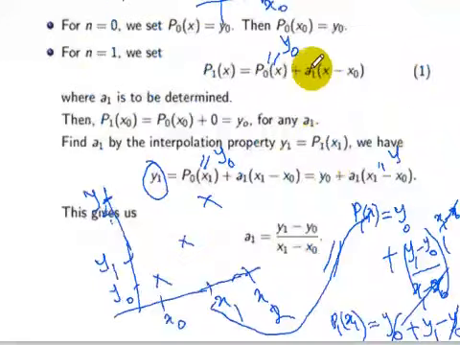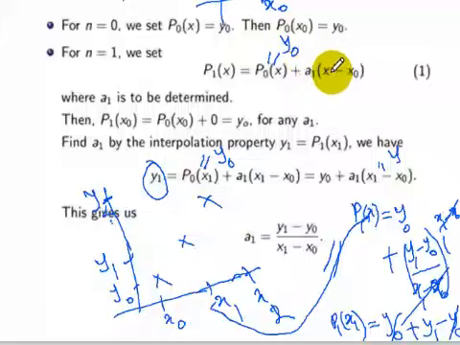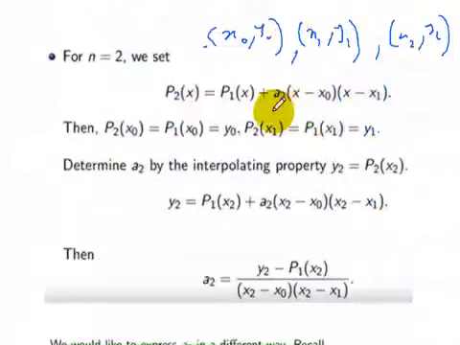Earlier we added a constant times x minus x0, right? So now we add a constant times x minus x0, x minus x sub 1, right? This one. So now what we do, we solve.